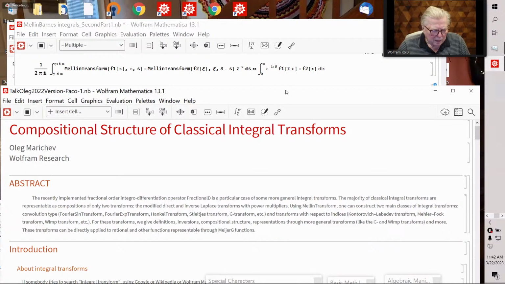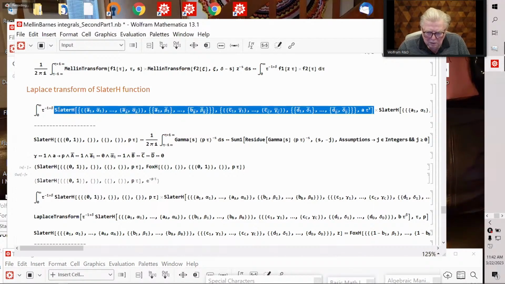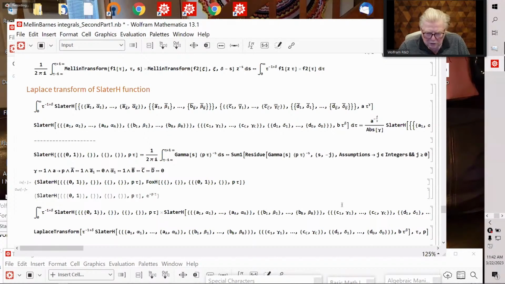And here we have example when we apply Laplace transform to SlaterH function. Now here it is generic formula, which you know from previous generic formula here.